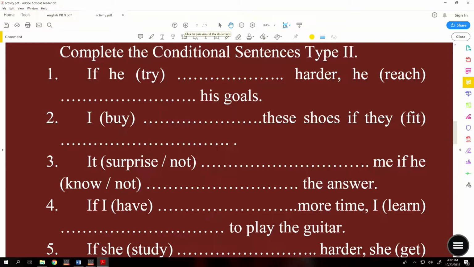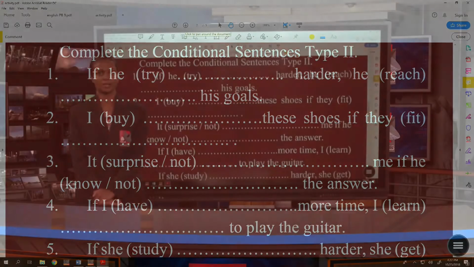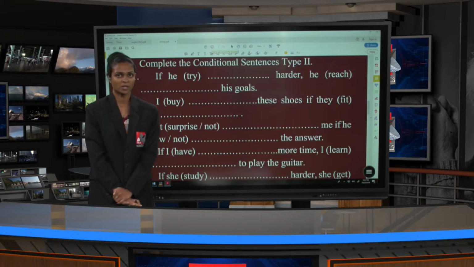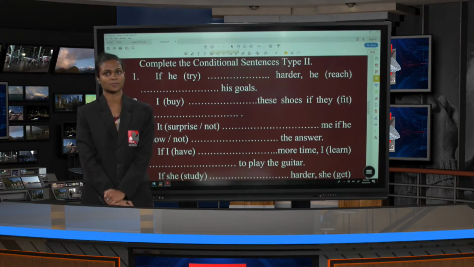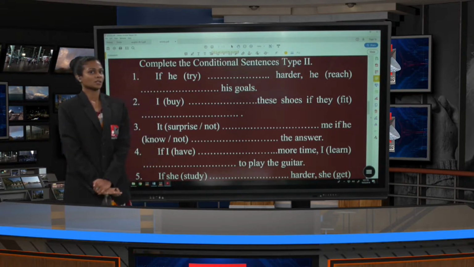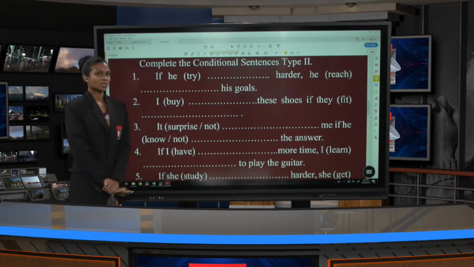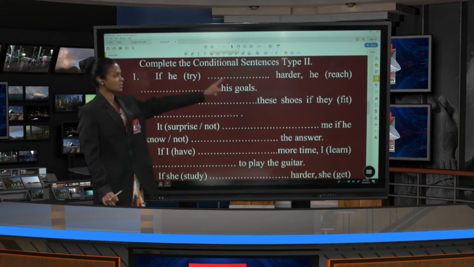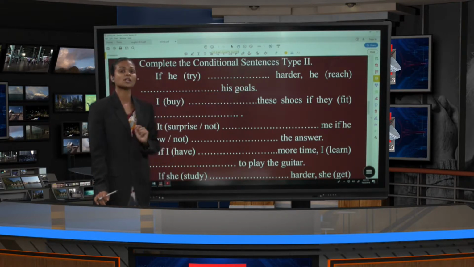Right. The first one, if he blank harder, he blank his goals. The verbs given are try and reach. Right. When we look at the first sentence, at the beginning you can see if is there. So, the first clause is the if clause.